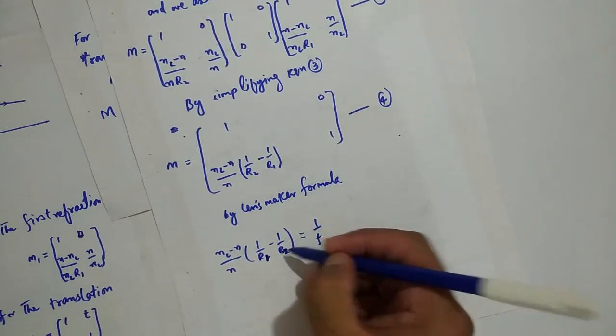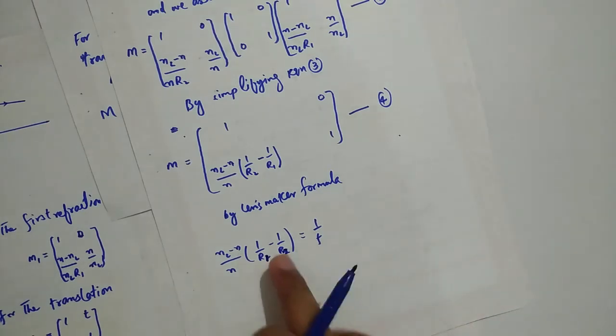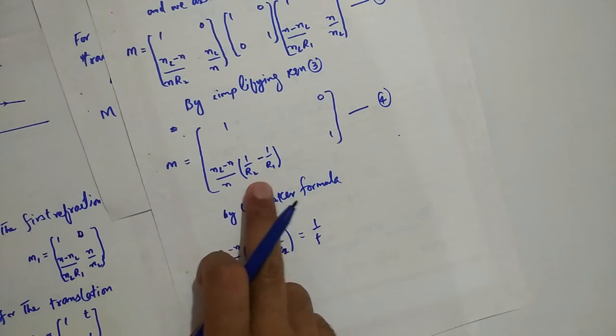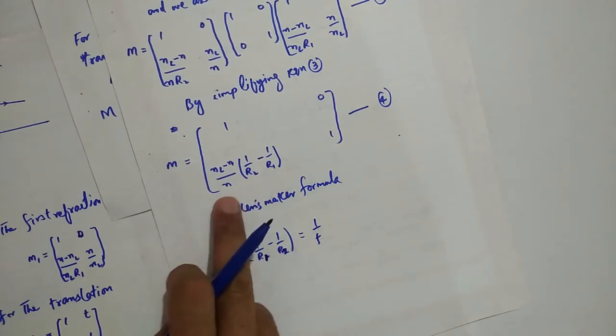Clear? So if I take the negative sign from here, it will become like this.